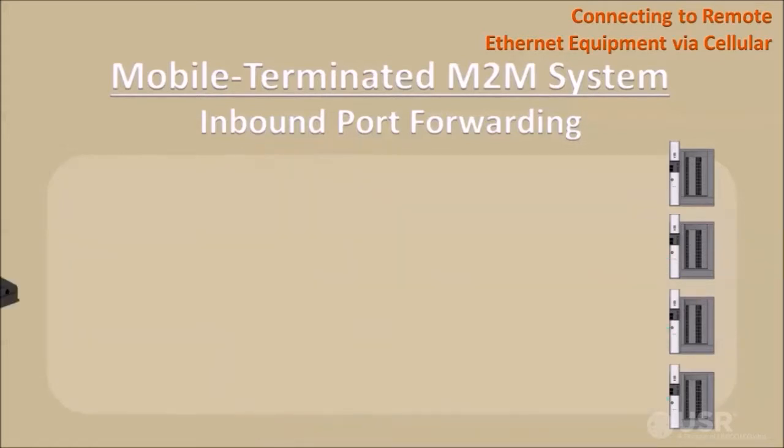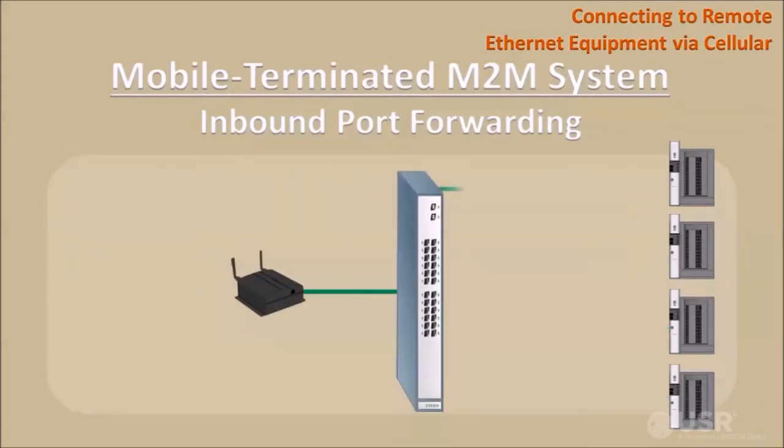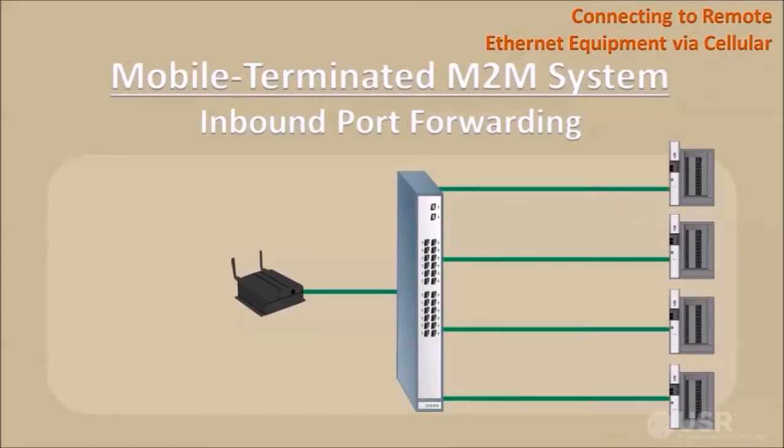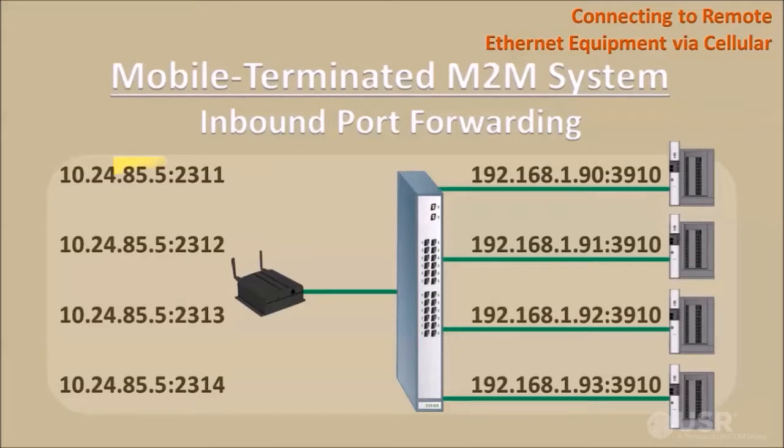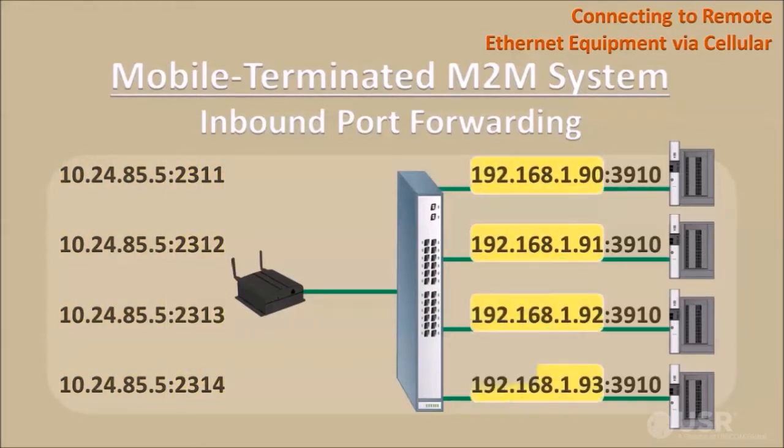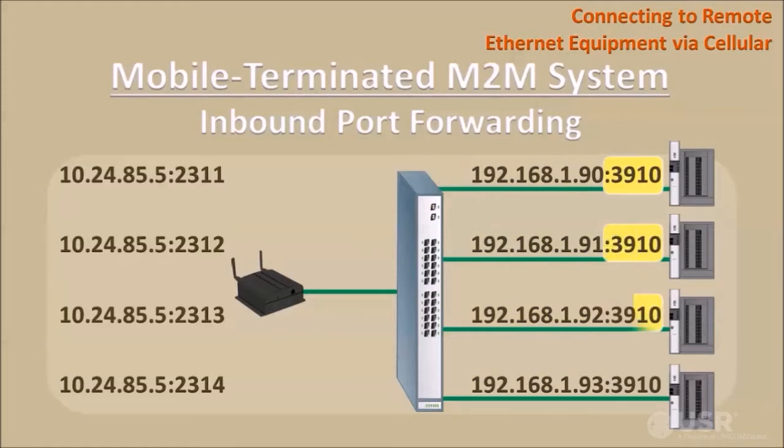With the other approach, the target units share a single cellular gateway by using a switch or router. The gateway is identified with a single IP address, and each target unit is identified by a unique port number. Each target unit connected to the gateway must be assigned a unique IP address, and every target unit can use the same port number.